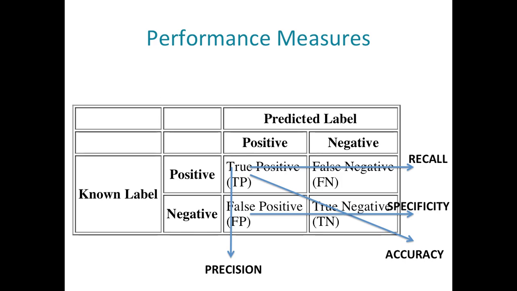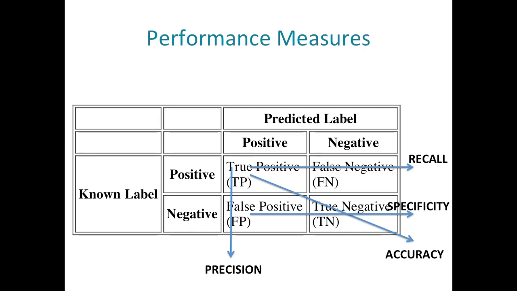Whereas if you look at something like recall or specificity, basically what those are doing is understanding how many samples our classifier is able to identify from the positive known labels. So from all the positive cases that we have, how many of those known positive labels is our classifier able to identify? That's what recall is.